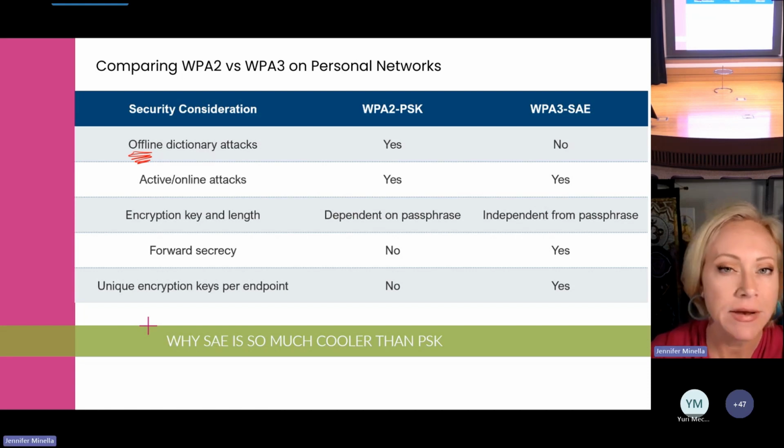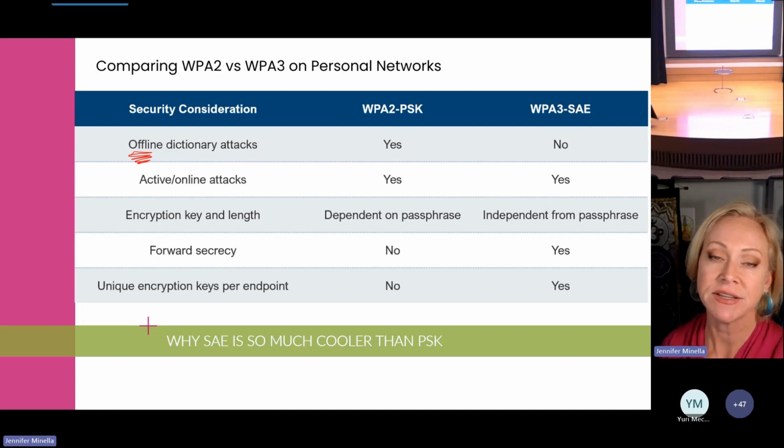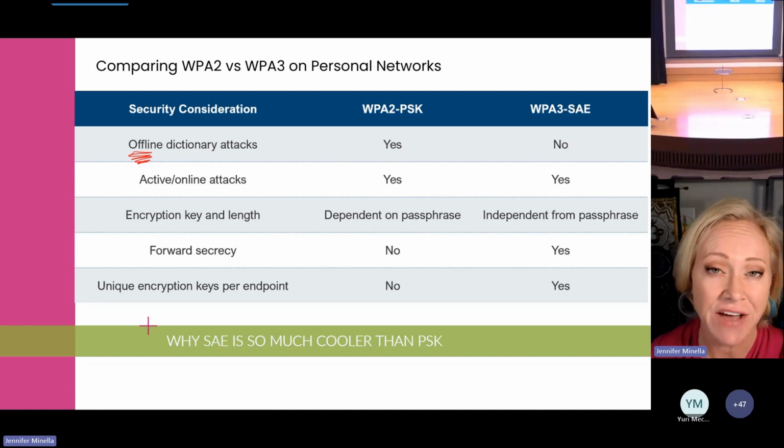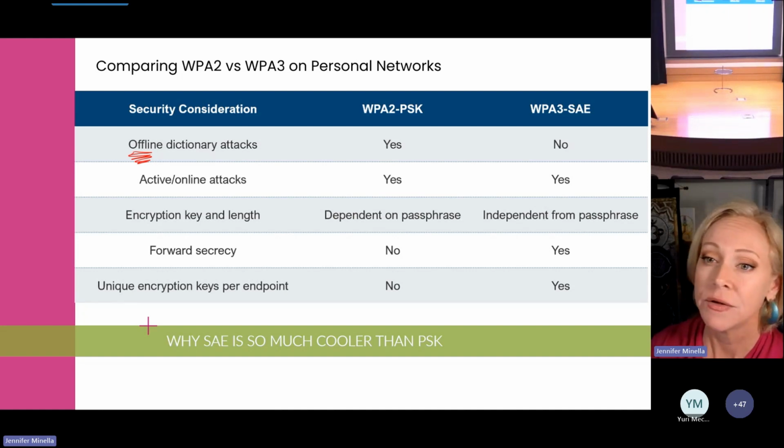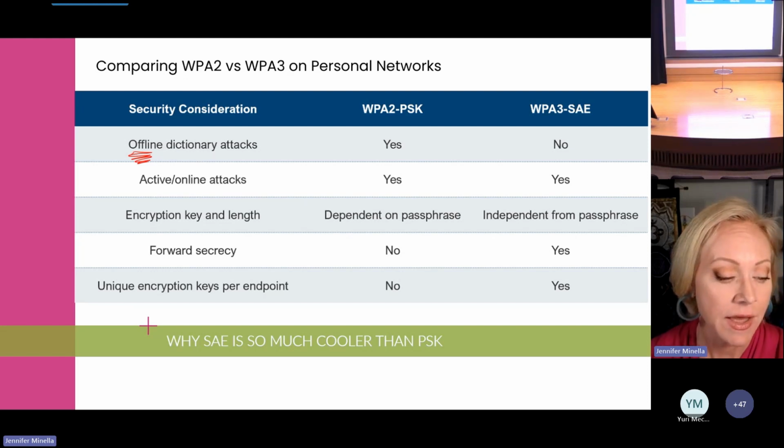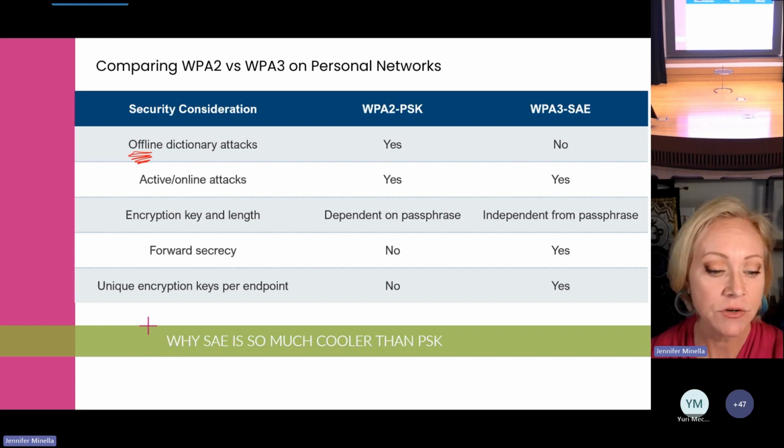And I say offline, and I'm air quoting, because the truth is there's a lot of tools on the internet. So when I say offline, I mean off of your network, so they could just be sitting there. And if you're in a business at your cafeteria table or right down the street around the corner from your house, if they can get the signal there, and they can run these tools, in a few minutes they can crack a WPA2 passphrase.